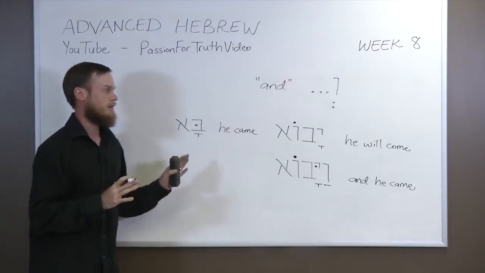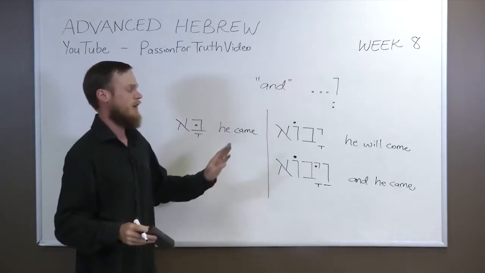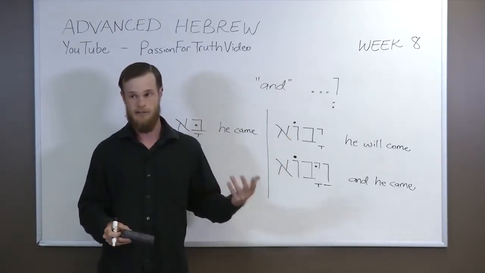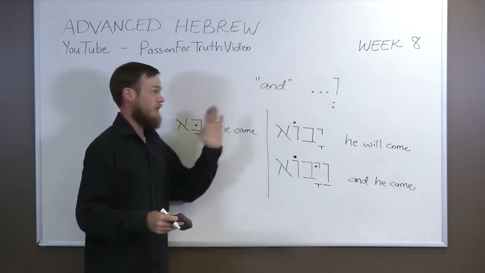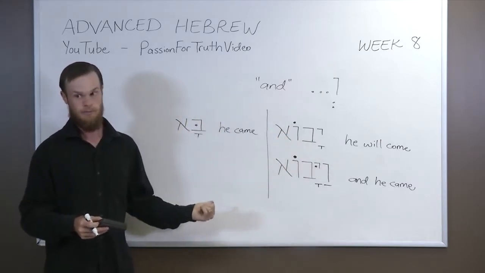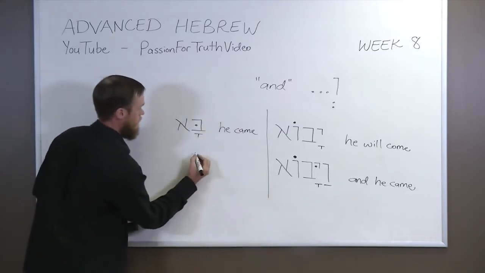Now there's a distinction to be made here. Anytime the vav is added to a future tense verb, it changes it to past, automatically. When a vav is added to a past tense verb, it can change it to the future.